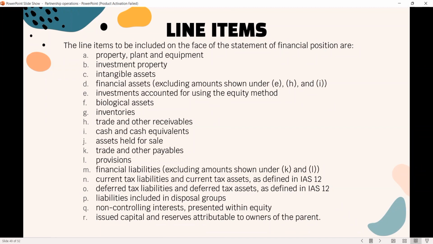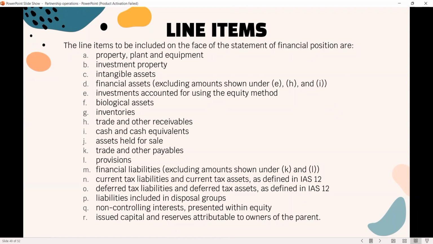Asset held for sale, trade and other payables, provision, financial liabilities, excluding the amount of K, then other payables, and letter L, provisions.